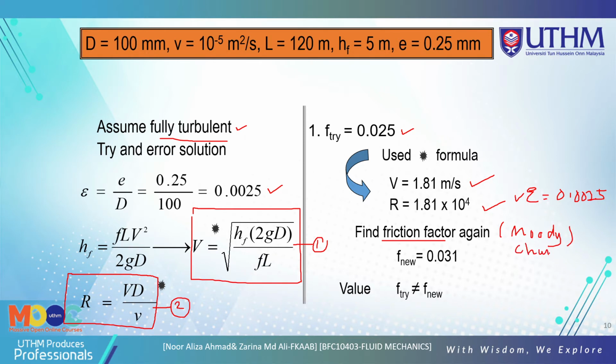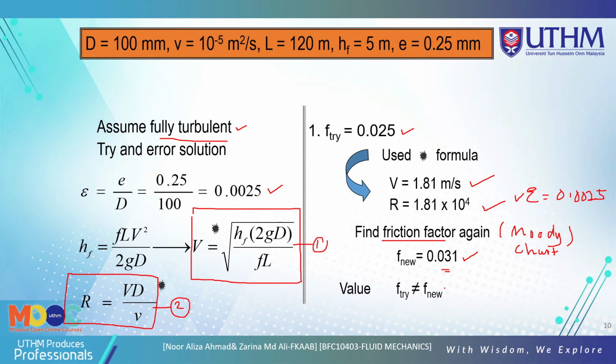So you find the new F. You get F new is 0.031. The 0.031 is not the same as the 0.025. So the F trial and the F new are not the same.